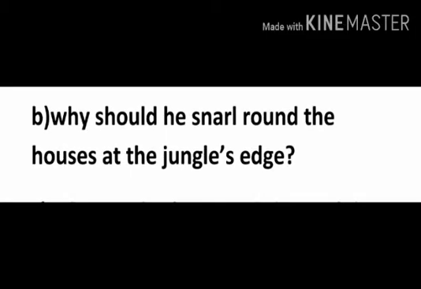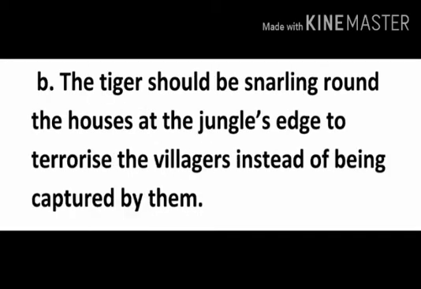Now, question number B. Why should he snarl around the houses at the jungle's edge? Answer. The tiger should be snarling around the houses at the jungle's edge to terrorize the villagers instead of being captured by them.